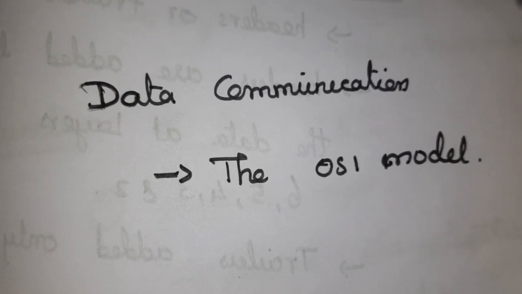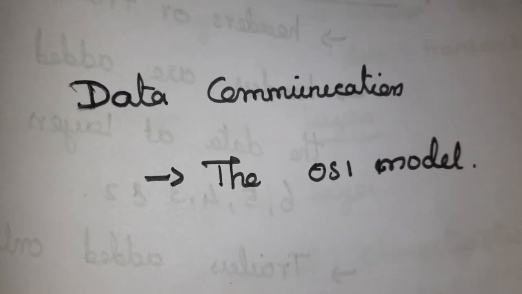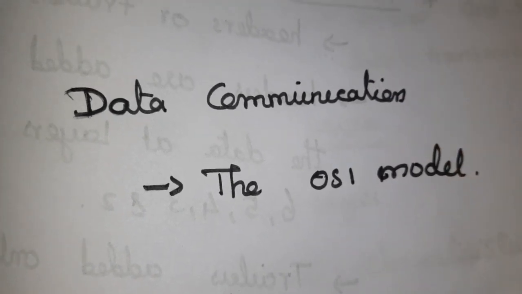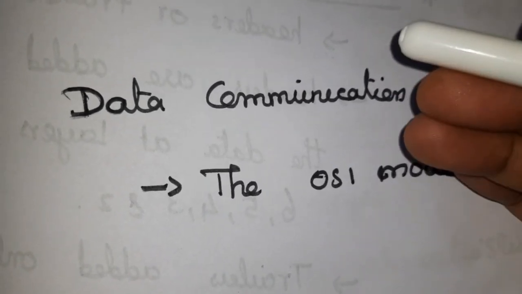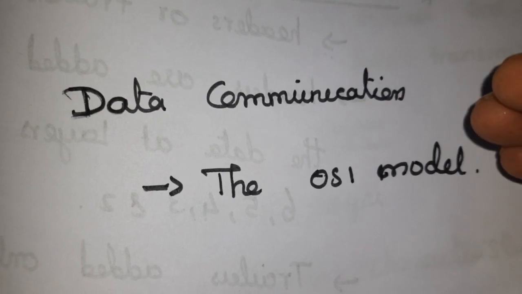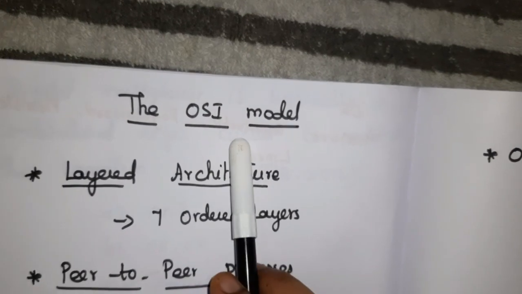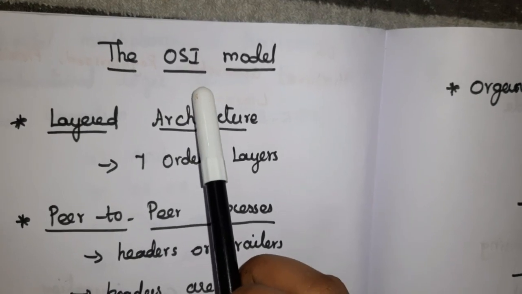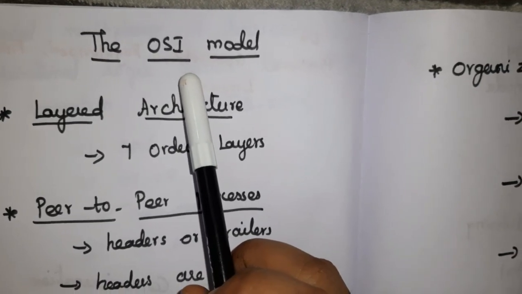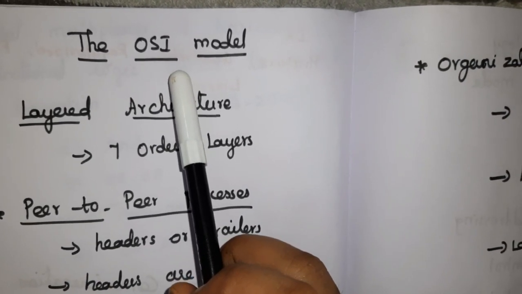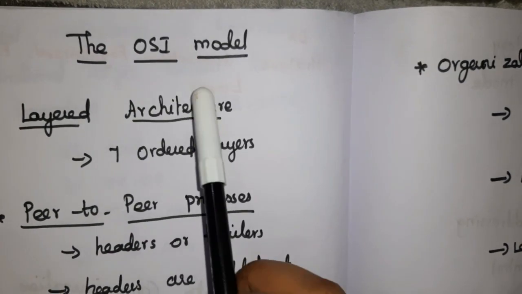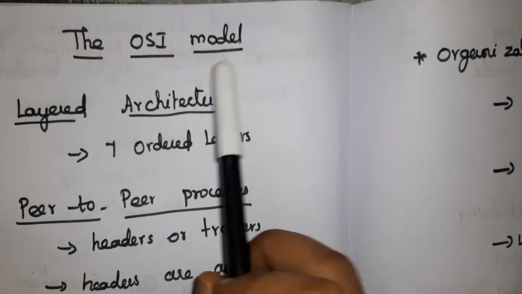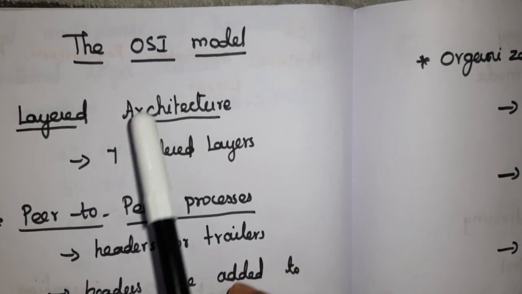The properties of this communication from one device to another device using this transmission medium can be studied in this chapter. So first of all we see about the OSI model. The OSI model is defined by the International Standards Organization, that is ISO, and this standard covers all aspects of network communication using the Open System Interconnection model.